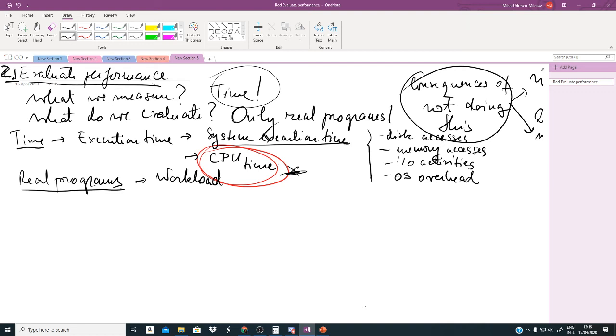But these cases are obviously biased because these users are running only those types of programs, only games or only spreadsheets or only, I don't know, text processes, stuff like that. You want to have an indicator that will consider all or a representative mixture of programs.